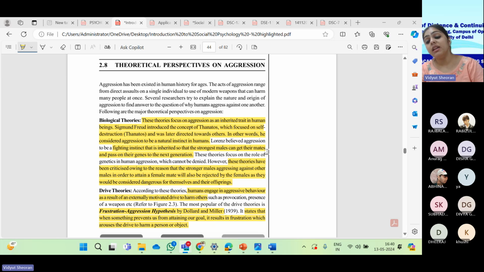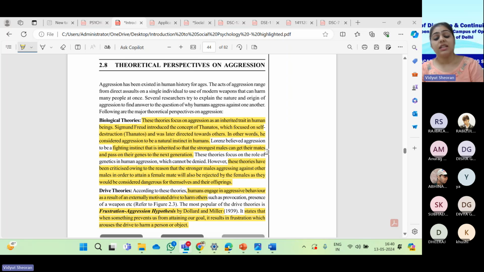So Dollard and Miller in the year 1939 had formed the frustration aggression hypothesis. And in this hypothesis, it was understood that either frustration can lead to aggression, or it can be vice versa. That frustration can be the cause of aggression, or aggression can lead to frustration.